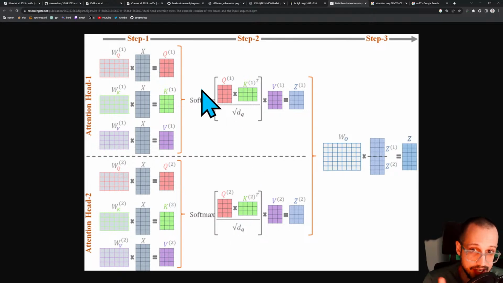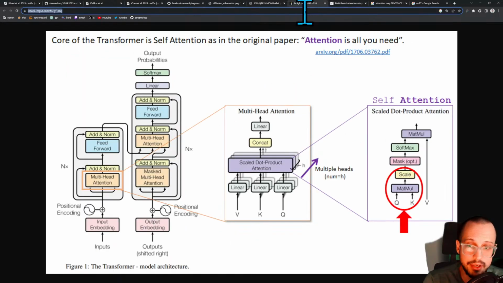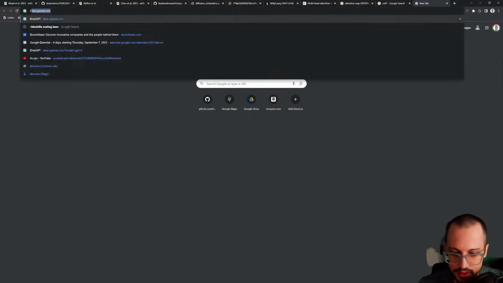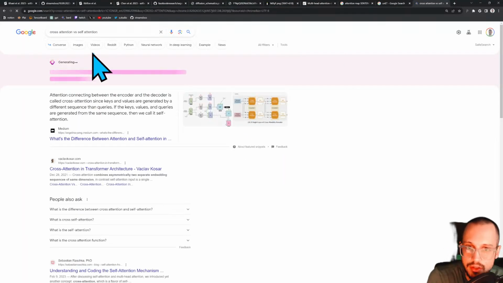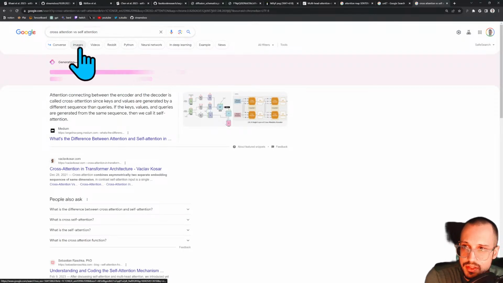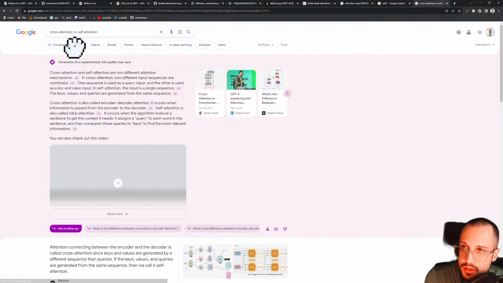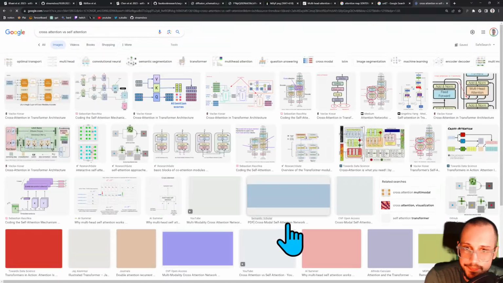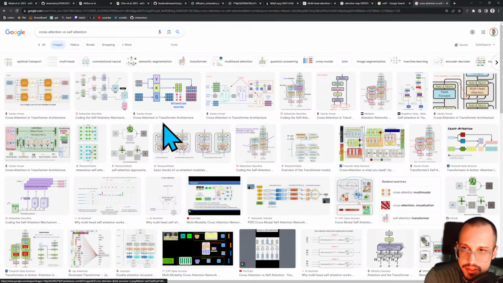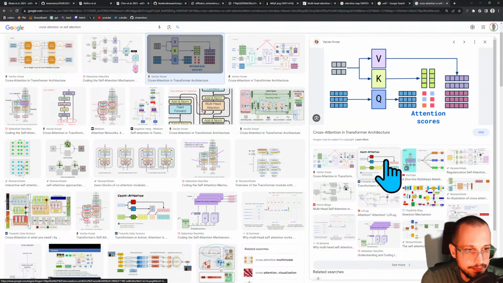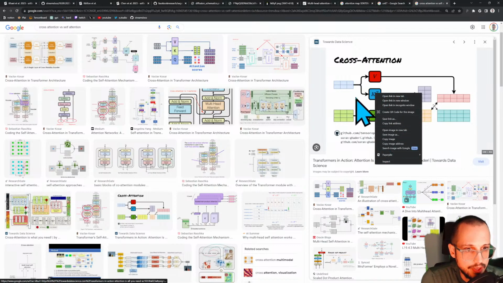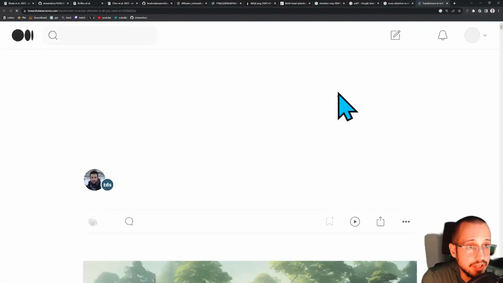And then if this was a cross attention map, right? Let's look at cross attention. See if we can find a nice picture for this. Images. What is going on here? Yeah, so in cross attention, the Q is coming from somewhere else, right?